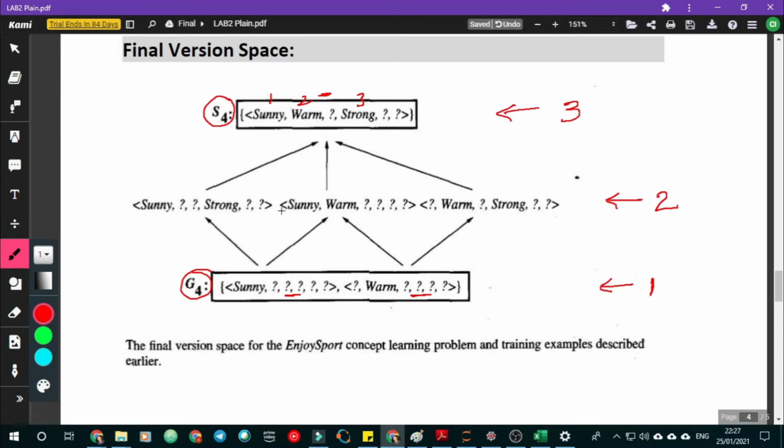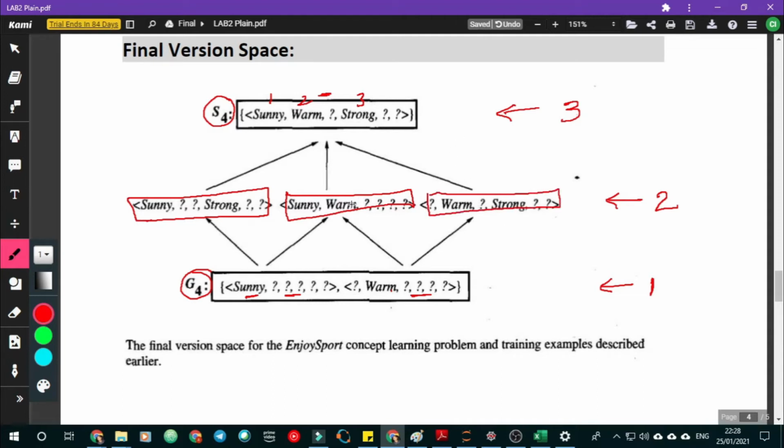So how? I need to take one from this and one from this, 2 from this. So I took sunny over here and one more from this, strong from here. I took sunny from here, I took warm from here. Since I have sunny, I cannot take the third value, right? So I took the warm from here and I took the sunny from here. I took the warm from here, I took the strong from here. So I found this is 1 and this is second, this is third hypothesis.